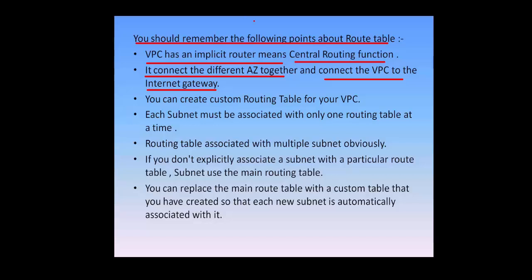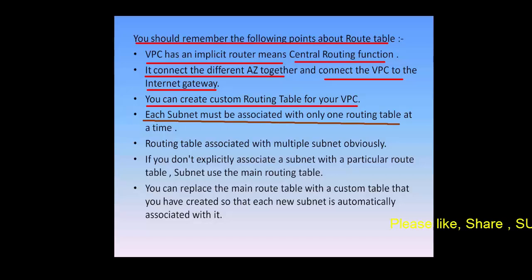One is a default, as I told you. You can also create custom routing tables for your VPC as per your requirement. Each subnet is associated with one routing table at a time.